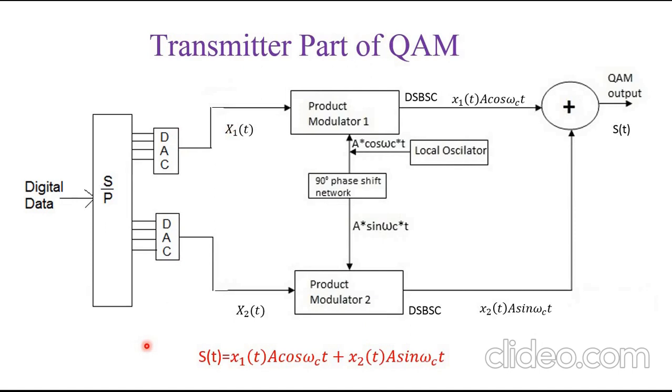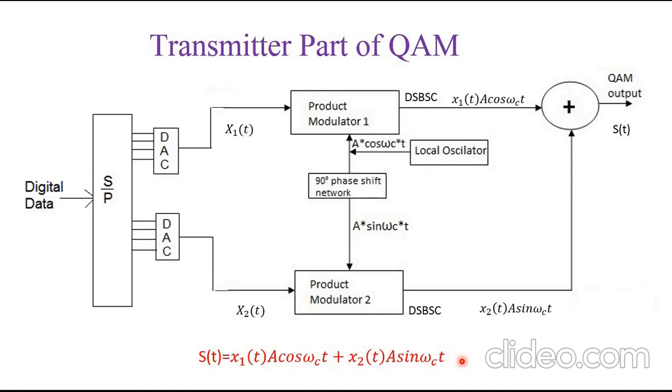Okay. So now this is our transmitted data. S(t) equals, we know, X1(t) A cos omega_c t plus X2(t) into A sin omega_c t. And you can observe that over the same channel we are utilizing bandwidth effectively.